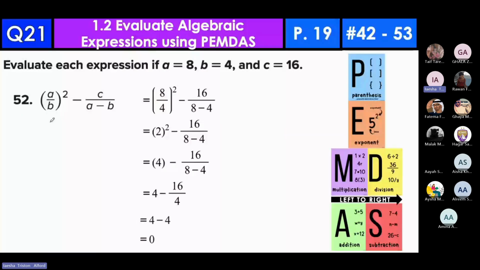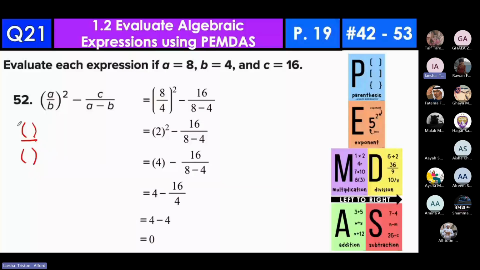Number 52, you have A, so put parentheses, fraction bar, parentheses. You have a bigger parentheses here because you have the 2 outside. The subtract, you keep it. The C, put parentheses.